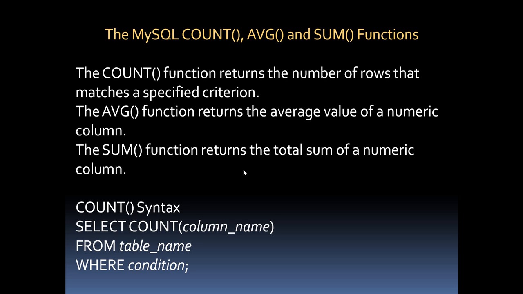The syntax is: select count, then the argument list, where you put the column name for which you want the result, from table name where specify condition if you want.